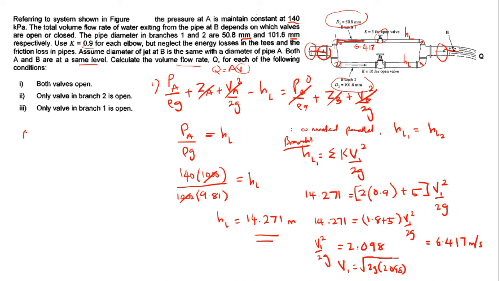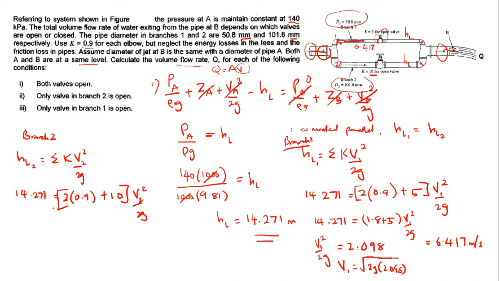So I write it here. Branch 2: HL2 equals again the summation of K times V2 squared over 2g, and this is 14.271 because it's connected in parallel, so the loss is the same in branch 1 and branch 2. They have two elbows, so 2 times 0.9 plus the K for the valve. In this branch 2 the K is 10, so plus 10, times V2 squared over 2g.